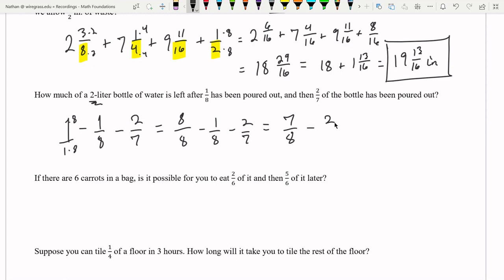And now I need to get common denominators between the 7/8 and the 2/7. 8 is 2 times 2 times 2. 7 is just 7.